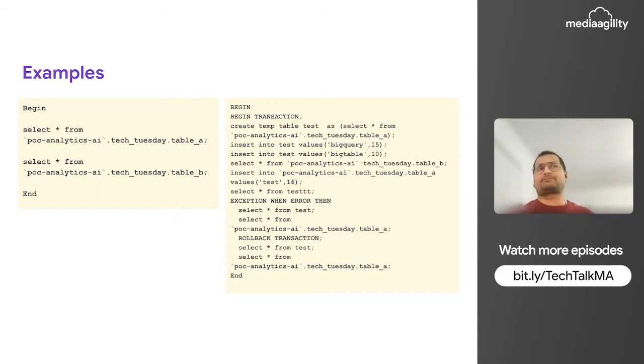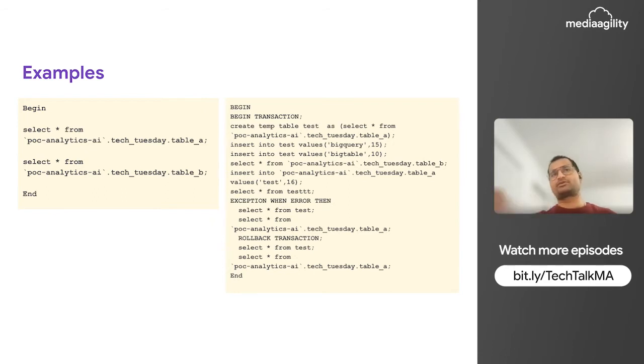Basically, what BigQuery does internally when you send a script is generate a job ID, and that job will be assigned for this whole script. But internally, it will generate child jobs. Each of these queries will have a child job associated, where the parent of those children will be the main job which BigQuery creates for this.